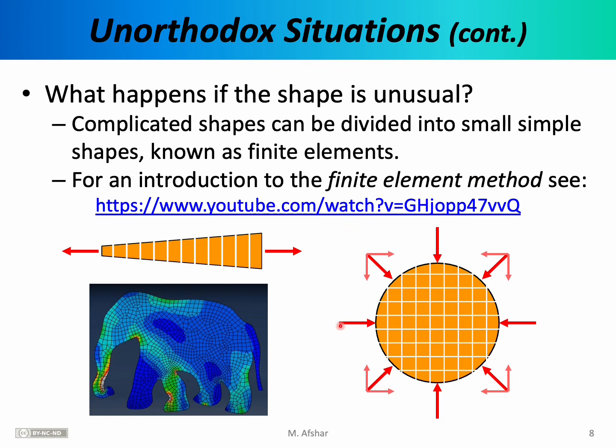That essentially refers to this idea of taking a complicated shape, dividing it into simple shapes that we can individually analyze, and then summing the results together to get the net change in the shape of the object. Although we will not be tested on finite element methods in this class, in case you're interested, I encourage you to watch this video for further information.